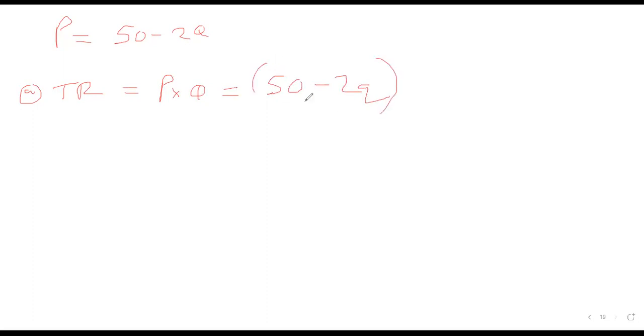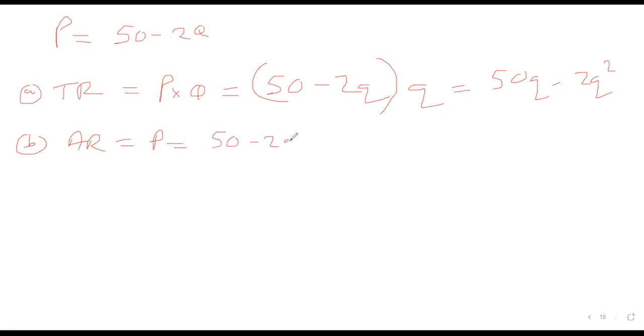So it will be 50Q minus 2Q squared. Correct. Who wants to find our average revenue? Average revenue is simply the price, which is 50 minus 2Q, correct.